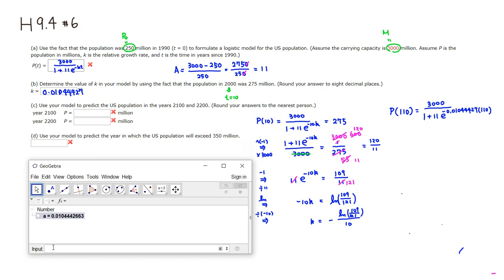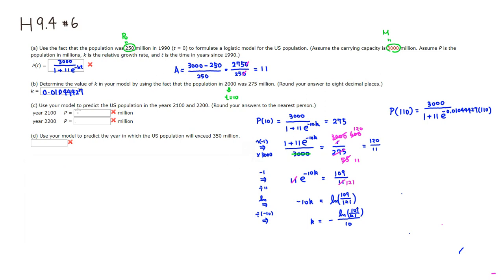All right, so you have 3,000 divided by 1 plus 11 e to the negative 0.0104427 multiplied by 110, and hit enter. All right, so round to the nearest person, so it's going to be 669. Oh, wait a minute.